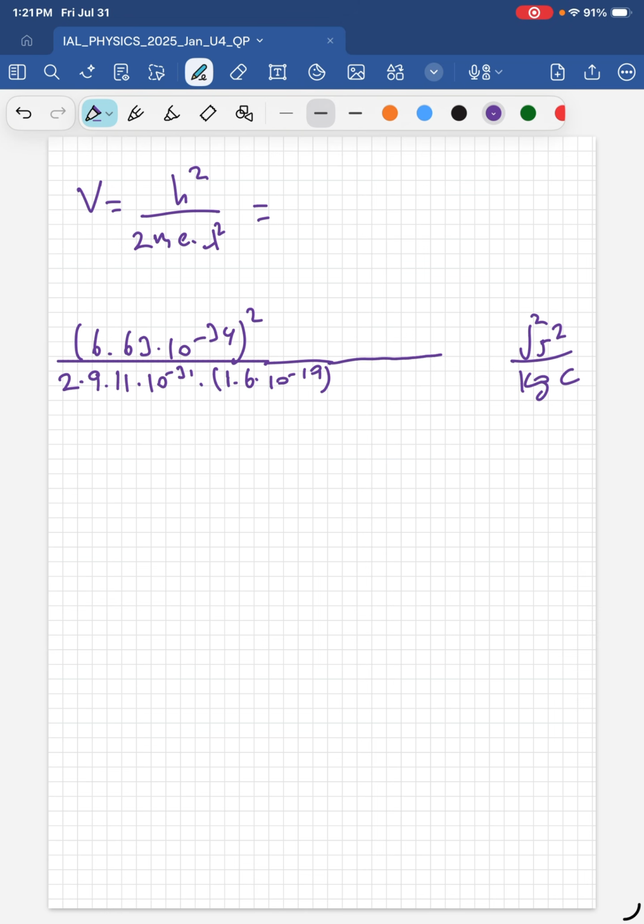And then we also have lambda squared, okay. So lambda is 2.65 times 10 to the negative 11 squared, and then we need meters squared.